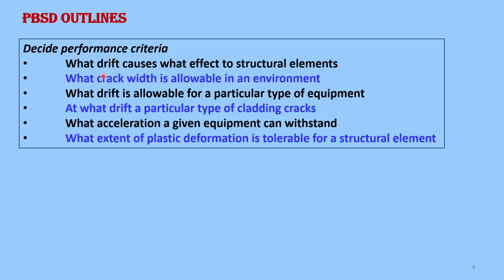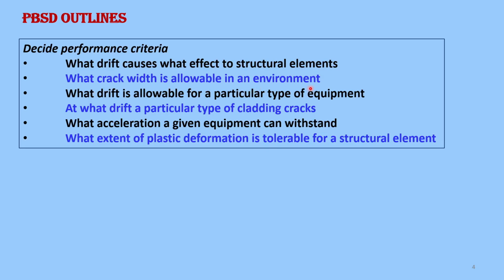Now drift is a performance objective, and the effects it is making on the structure are the performance criteria. Suppose it makes some cracks, suppose it makes some damage of the non-structural components. So those are my performance criteria, and drift is a performance objective. So through this drift I shall be checking the performance criteria related to the effect of drifts.